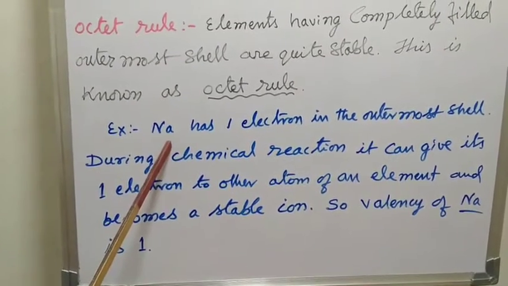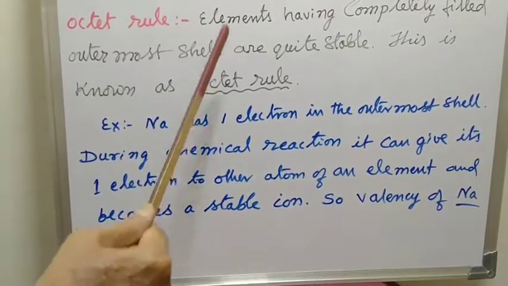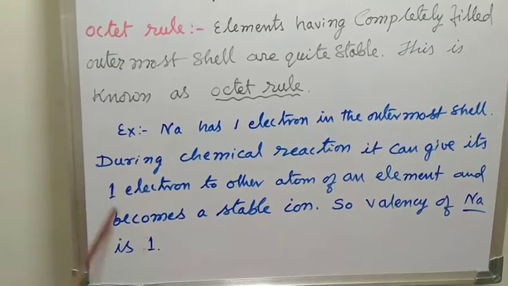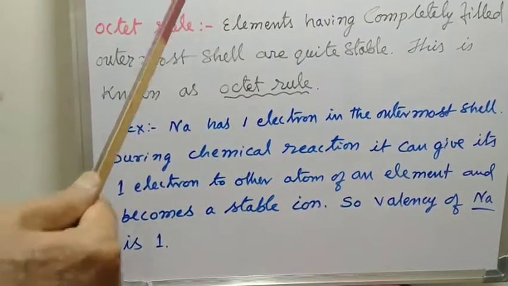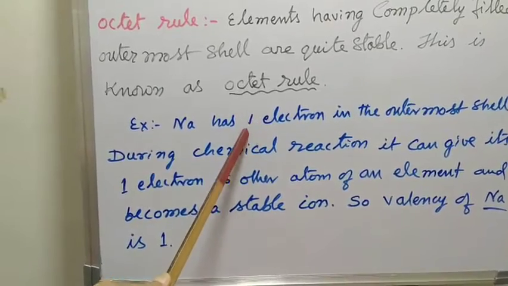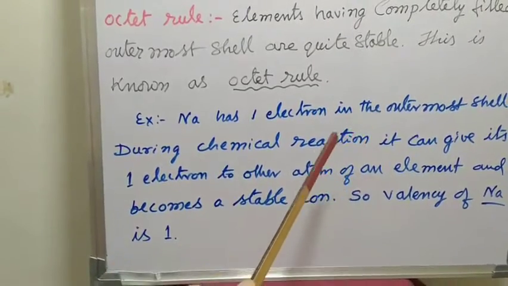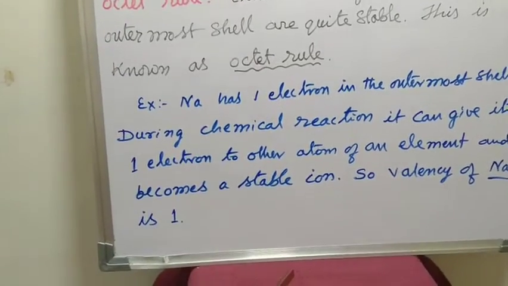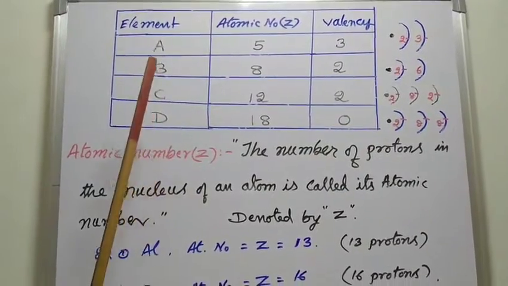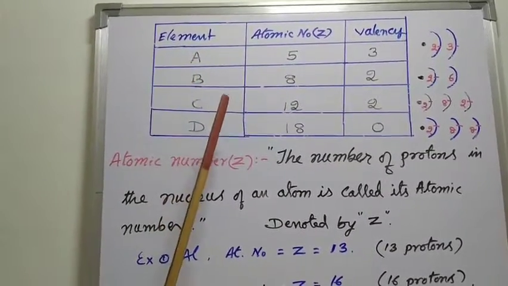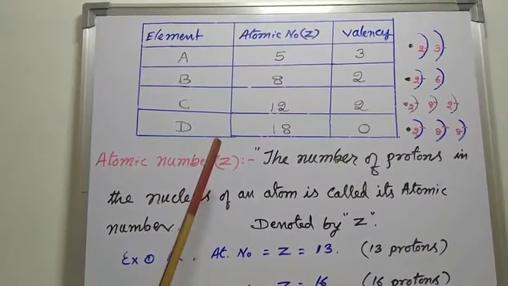Because sodium has 11 electrons: first shell 2 electrons, second shell 8 electrons, and the 11th electron is in the third shell. It has only 1 electron there, that is the valence electron. By giving its 1 electron, it becomes an octet.